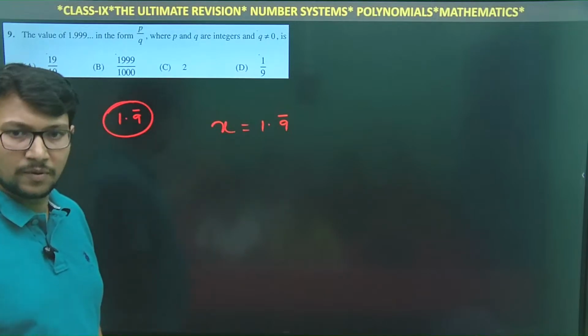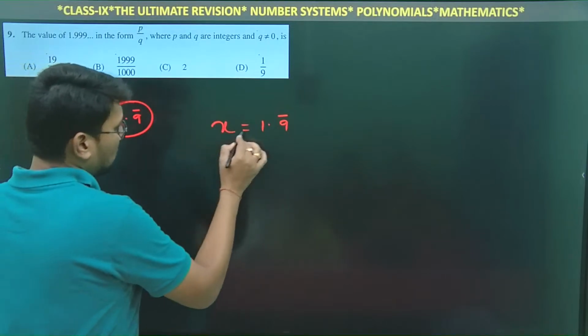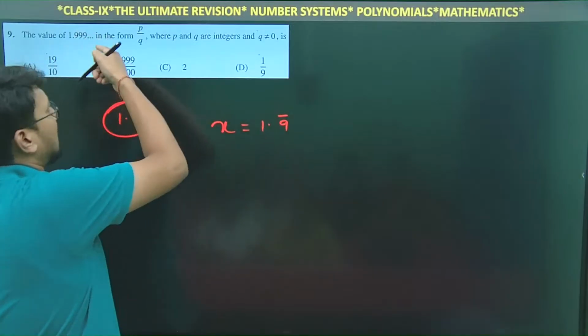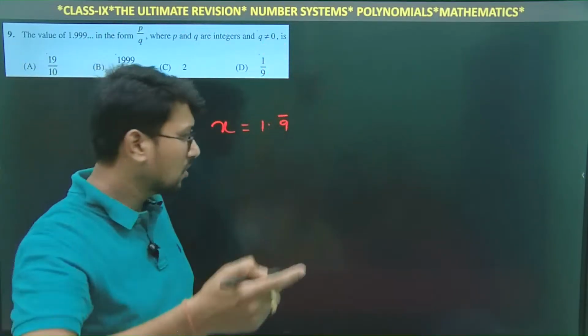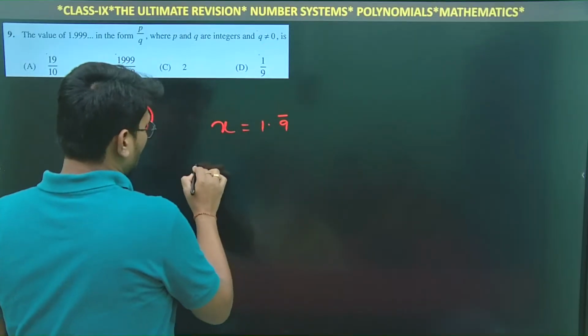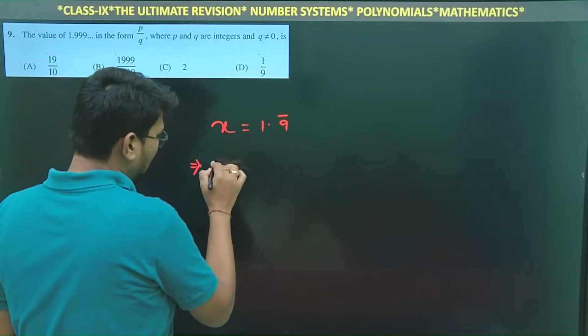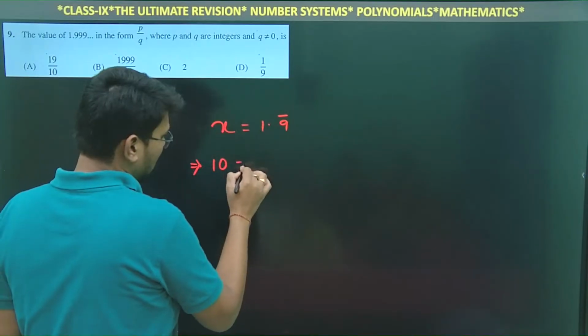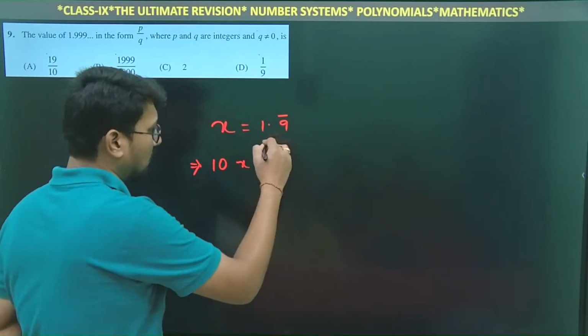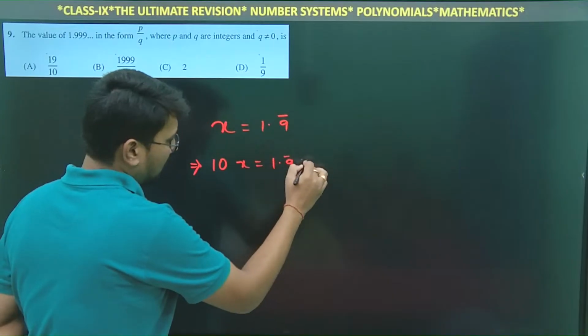Are you getting, everyone? So now, here one place is repeating, one place. Why? Because 1.999 is given in the question. So as one place is repeating, we have to multiply both sides by how much? 10. So 10x is how much? 1.9 bar into 10.